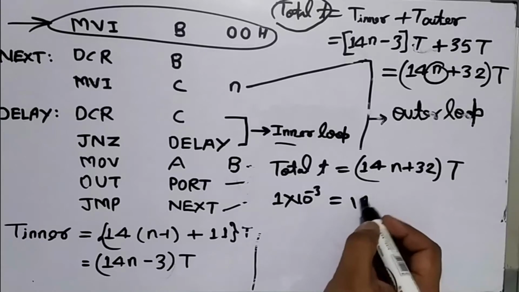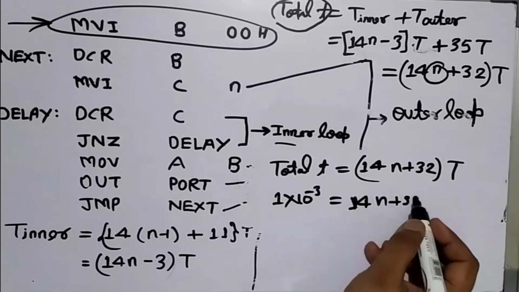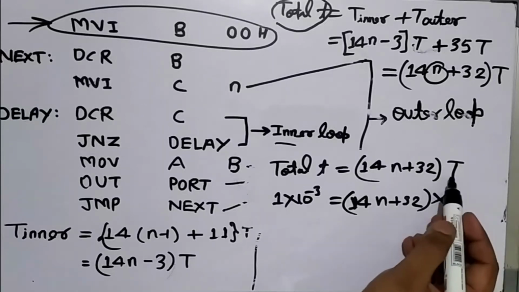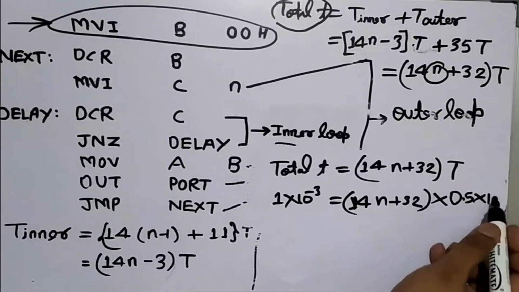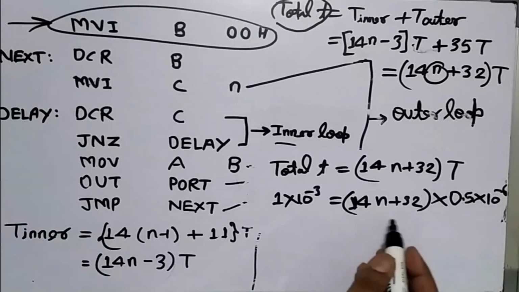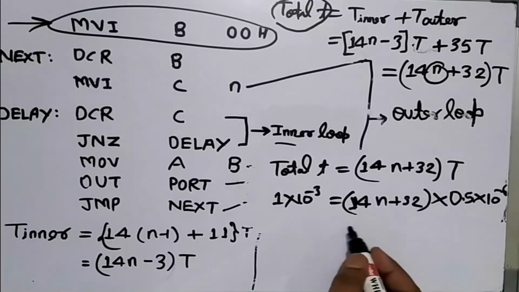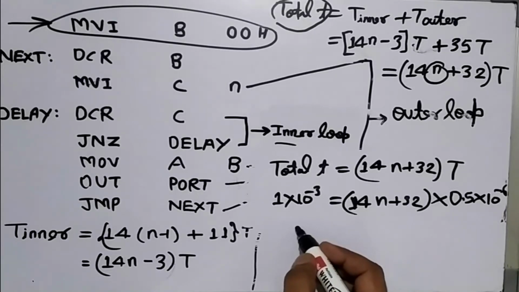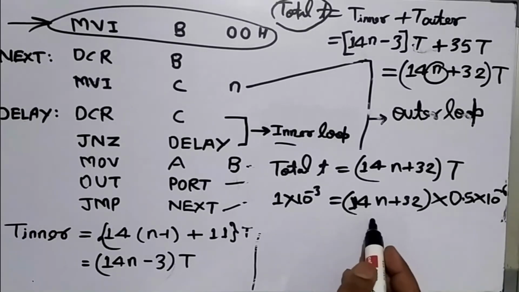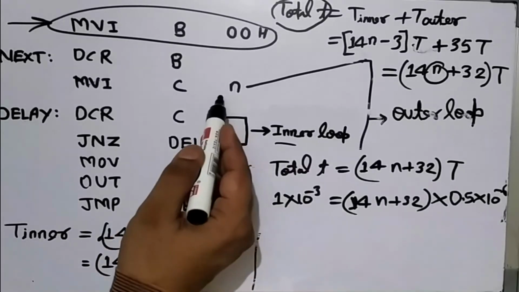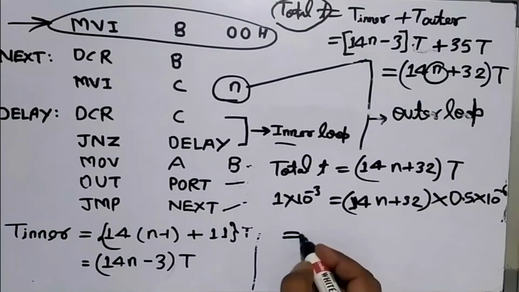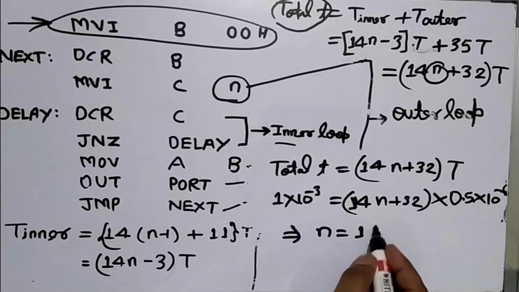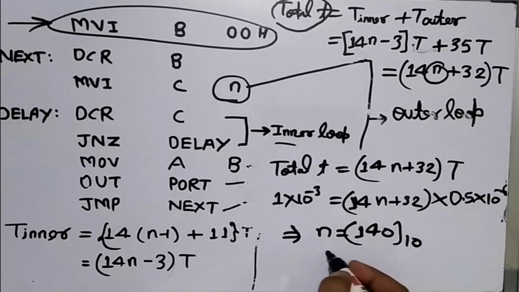So (14n+32) into capital T, the time period of the clock, which I have calculated as 0.5 microsecond, 10 to the power minus 6. After calculating this equation, we will get the required number n. This value of n will be put here for the generation of the 1 millisecond time delay, and n will be equal to 140 in decimal. Okay, this is the answer.